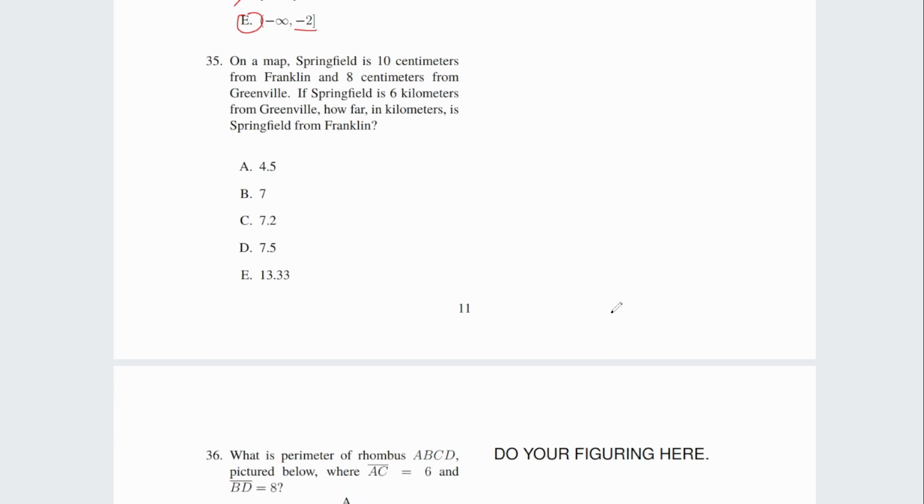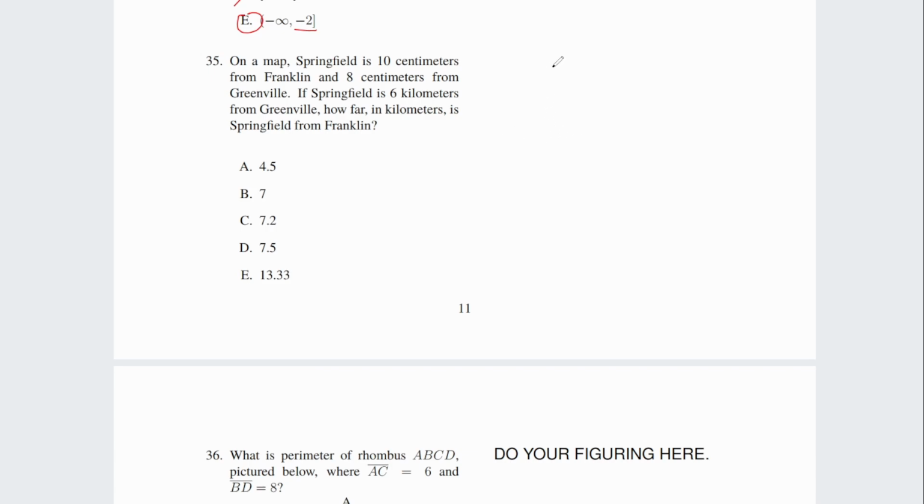Question 35 asks, on a map, Springfield is 10 centimeters from Franklin and 8 centimeters from Greenville. If Springfield is 6 kilometers from Greenville, how far in kilometers is Springfield from Franklin? So Springfield is 8 centimeters from Greenville, or 6 kilometers in real life.